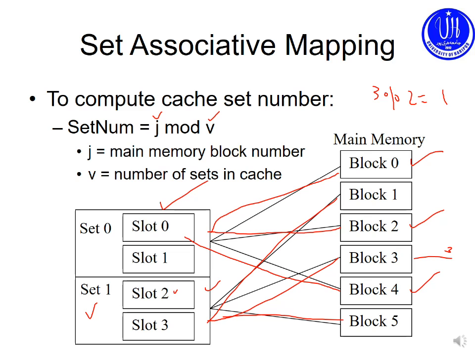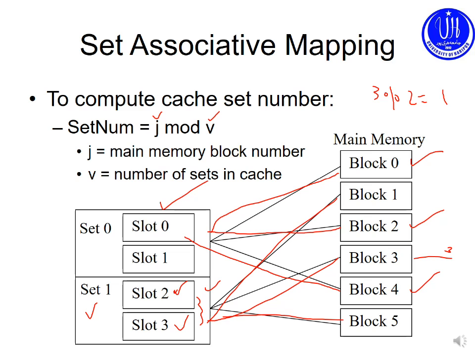but within the set, block 3 came here, and there are two lines, so this is associative. Block 3 can come here as well as here, depending upon the situation. So it will again need a replacement algorithm: first in first out, least frequently used, least recently used, etc. Within the set, there are two options for block 4: it can come here or here.